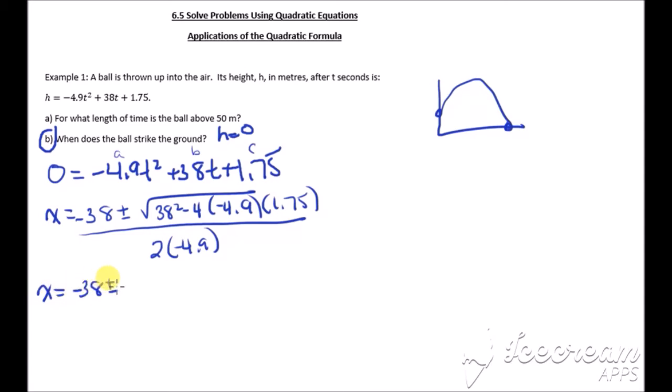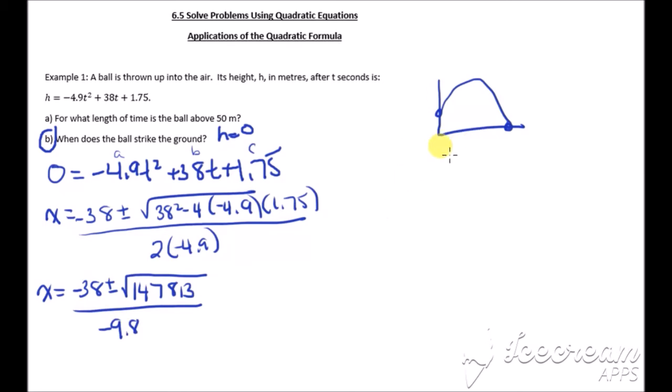Okay, so let's go ahead and put this in our calculators. 38 squared minus 4 times negative 4.9 times 1.75. I get 1478 decimal 3, and that's over negative 9.8.